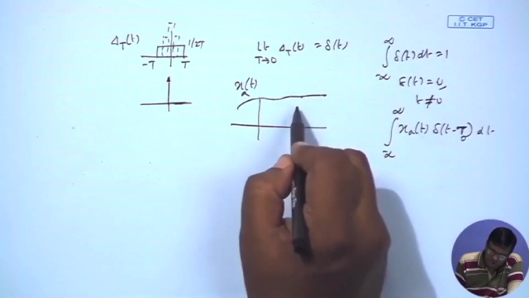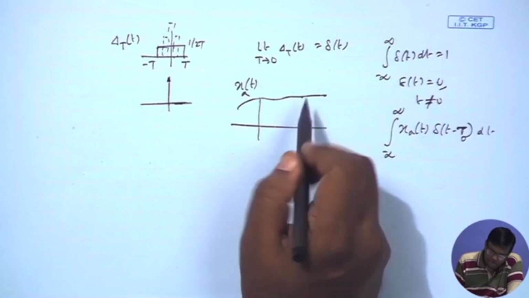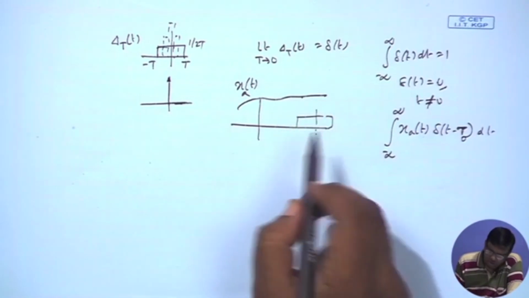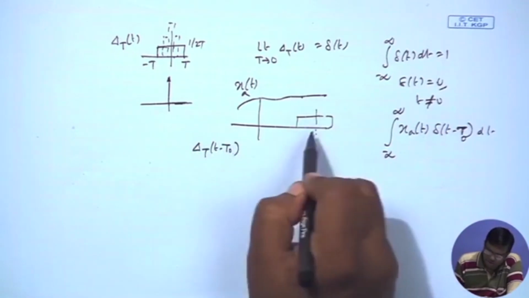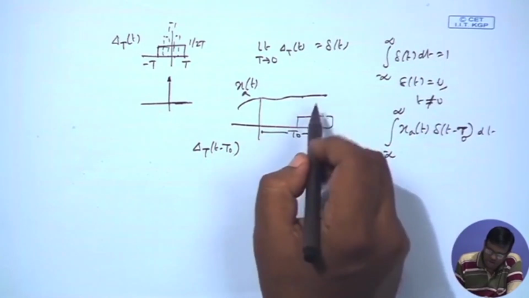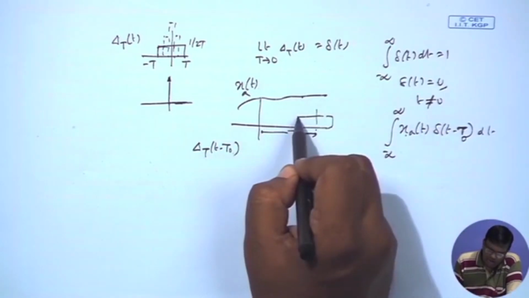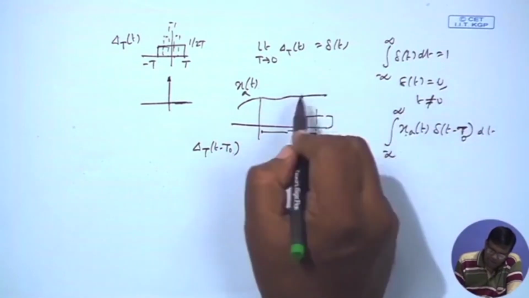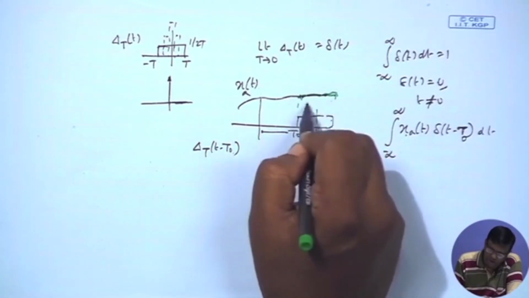For this, you first start with the function delta_T(t minus t naught), centered at t naught, and multiply x_a(t) by this. So this height will be modulated by this part of the analog function, which will multiply the height.